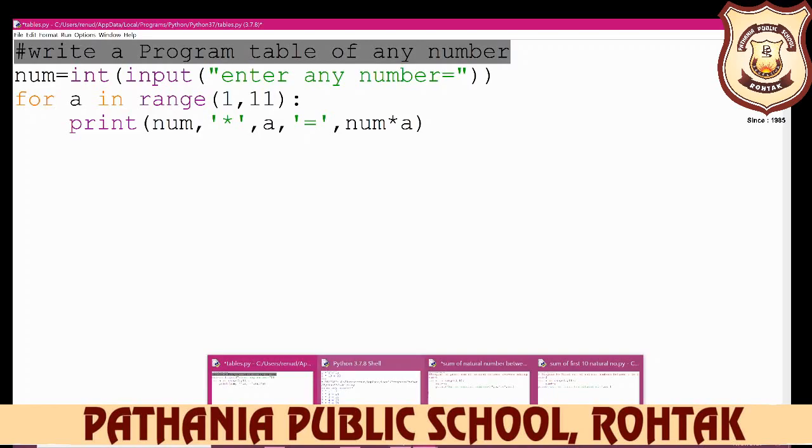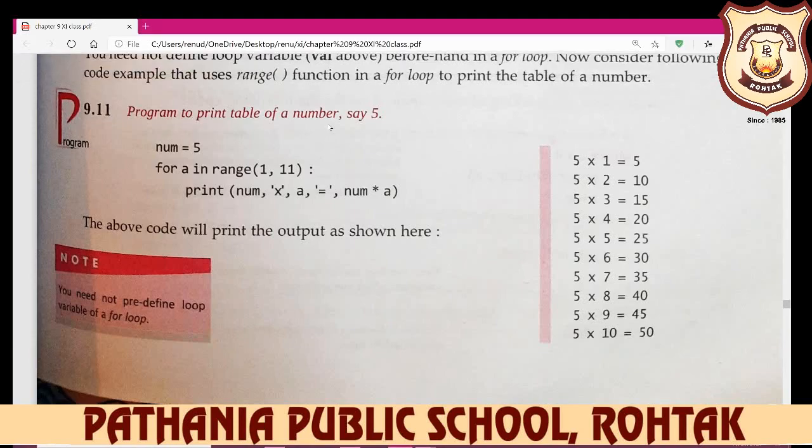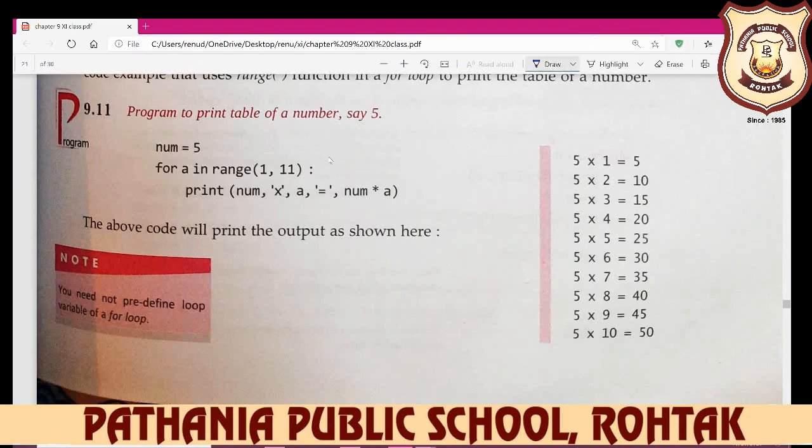You see in your book also, see now program number 9.1, program to print table of a number say 5. Here the program only displays the table of the number 5. So here we take num is equal to 5, and then for a in range 1 to 11, and then print num multiply a is equal to num multiply a.